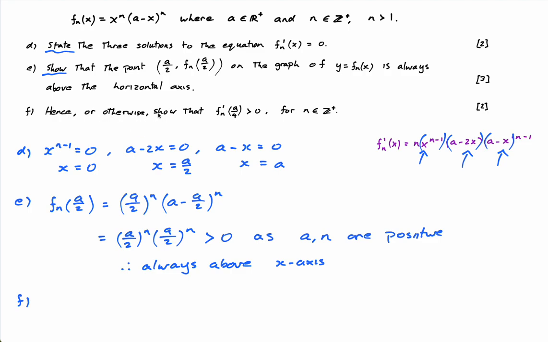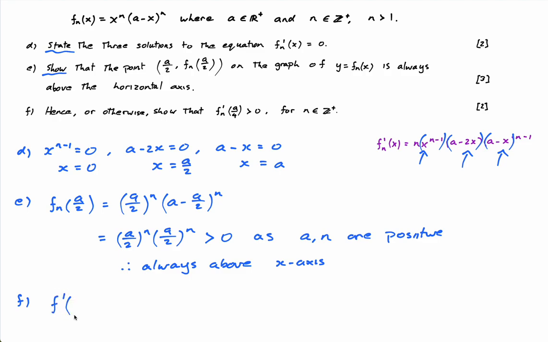Part F. Hence or otherwise, show that f dash of a over 4 is greater than 0 for, again, positive n. So I have f dash of x, so let's just get f dash of a over 4. And again, hopefully, we can just show that it's bigger than 0.